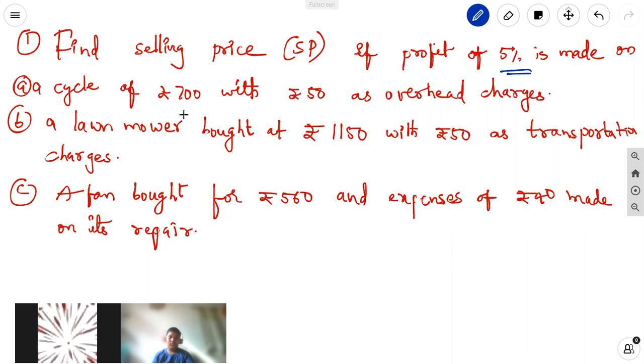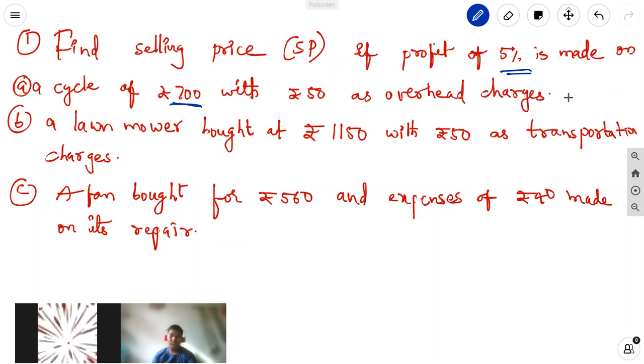See here, in the first one, a cycle of 700 rupees with 50 rupees of overhead charges means the 50 rupees is included. Profit of 5% is made on a cycle of 700 rupees with 50 rupees as overhead charges.